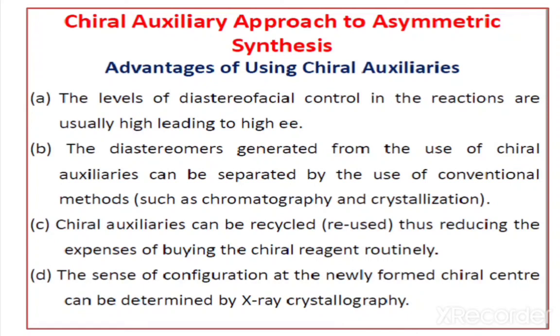Next advantage, the chiral auxiliary can be recycled, that means reused, thus reducing the expense of buying a chiral reagent routinely. The sense of configuration at the newly formed chiral center can be determined by X-ray crystallography.